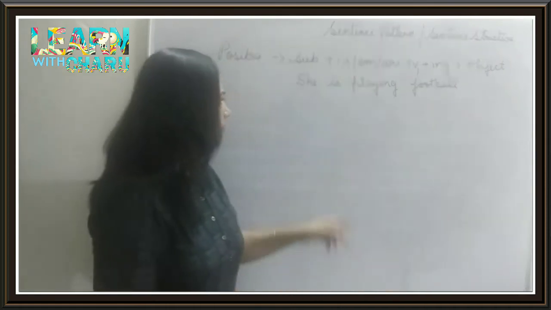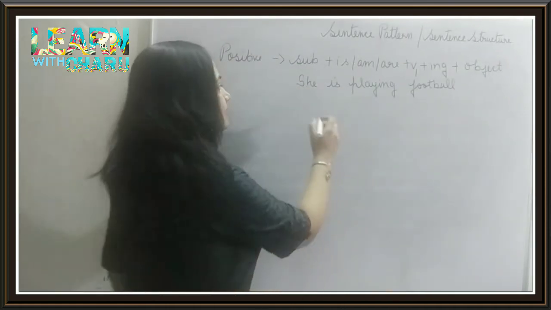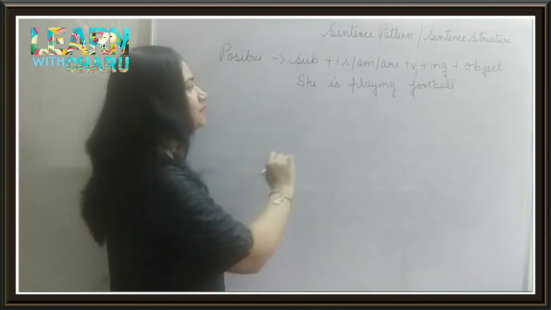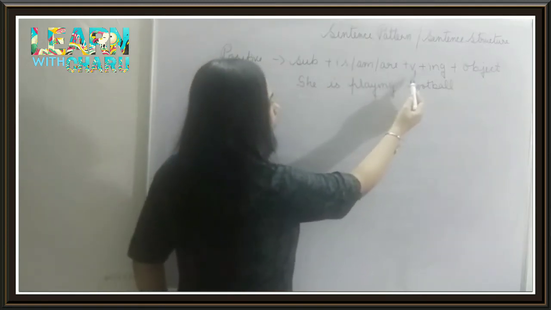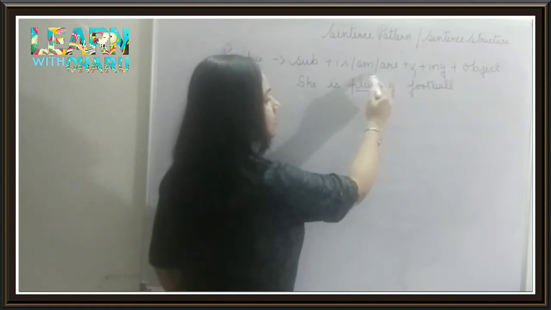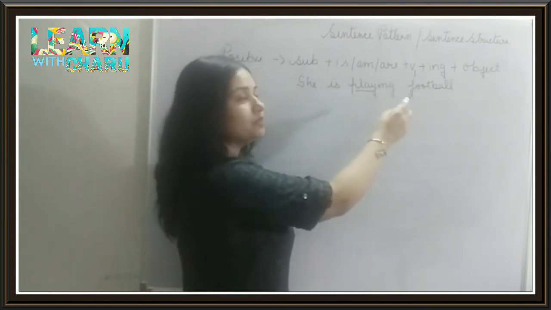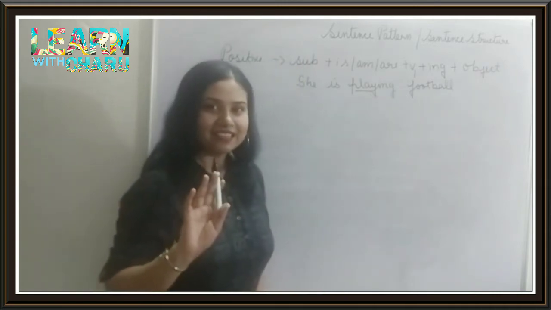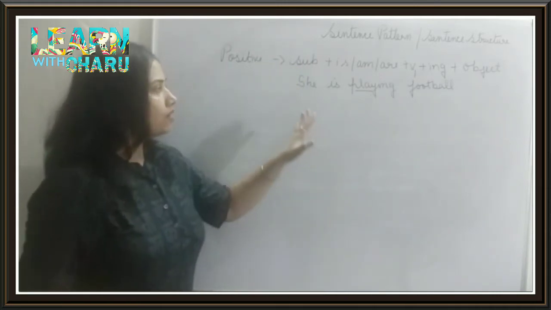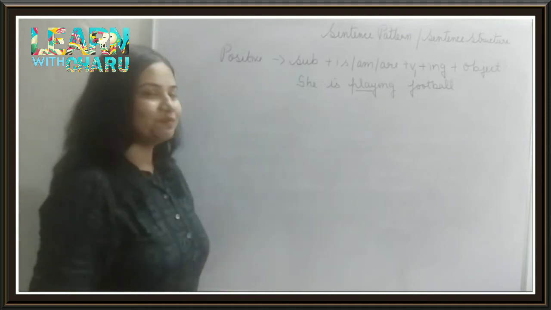For example, she. She is your subject plus is, okay? And play is verb first form plus ing. Play plus ing becomes playing, and the object is football. Understand this? Now, first of all, tell me one thing.